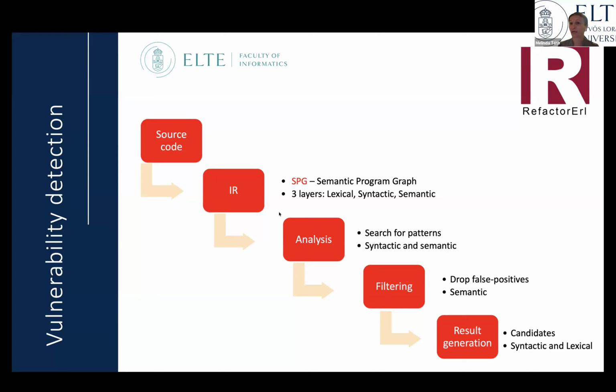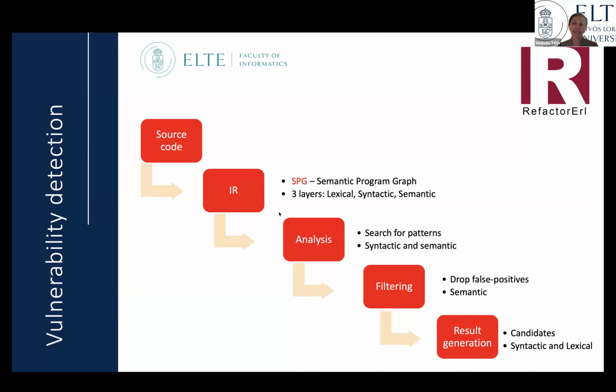We have data flow analysis to calculate the values of certain expressions. We can also perform control flow analysis using this representation. So this is a very extensive semantic analyzer framework. And we use this internal representation for the security analysis as well.